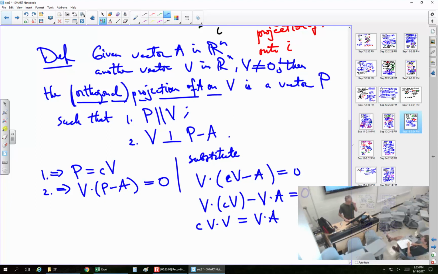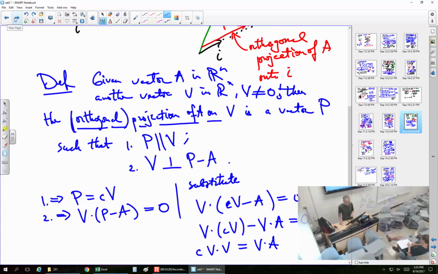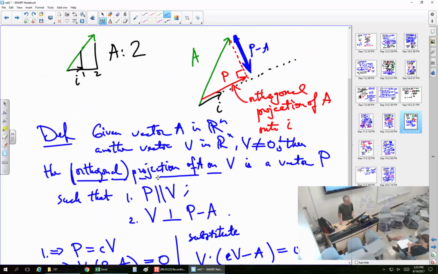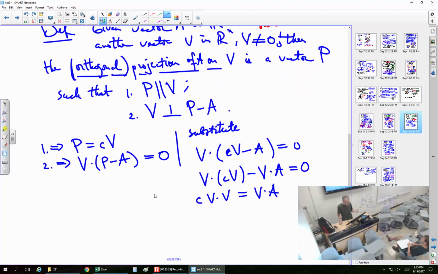Okay, so we are looking for C. We're certainly looking for P, but since we know the direction, we just want to express C. The C will be the component of P in terms of V. So how many V's do I need to go all the way to the end of P? That multiple we find from here by simple division: V dot A divided by the magnitude of V squared.